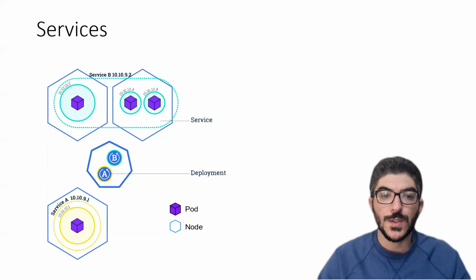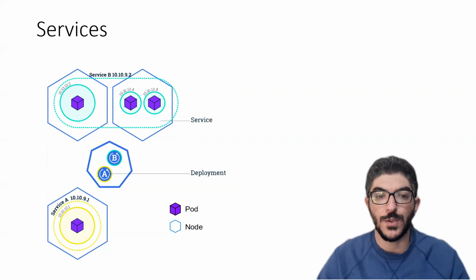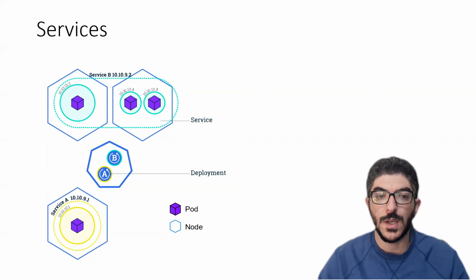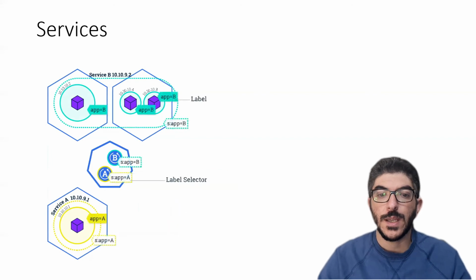Now, how to link the service to the pods or the replica sets that contain the pods? When I create the pods, I have to use something called labels. The label is just a tag. It's just metadata that I give to the pods. A label can be any pair of key value.